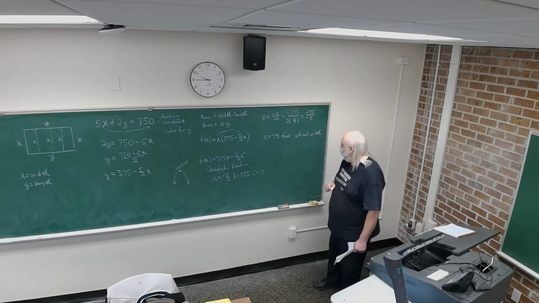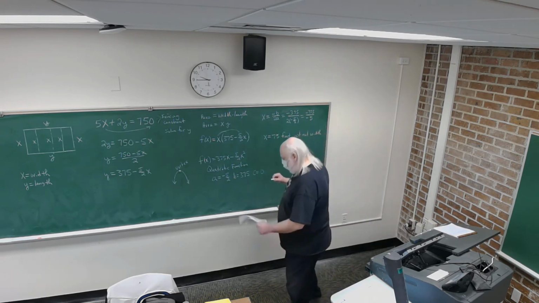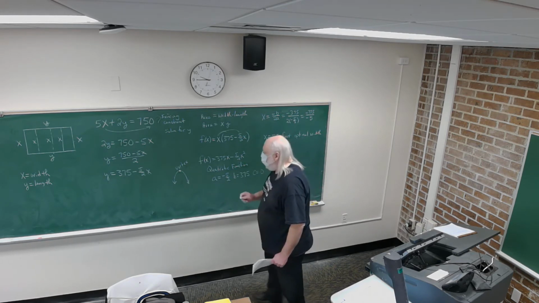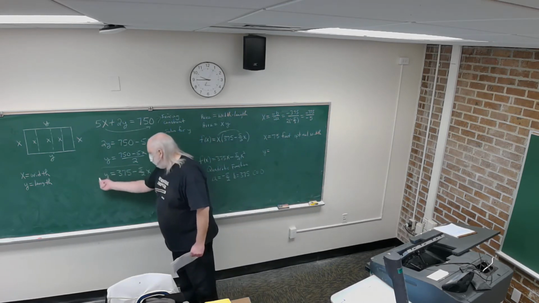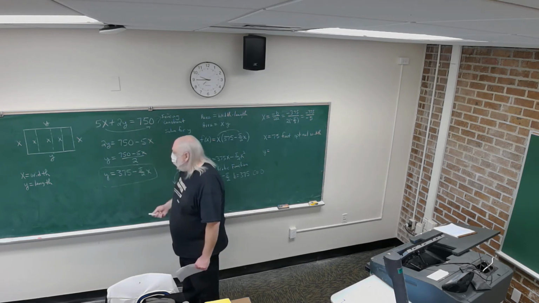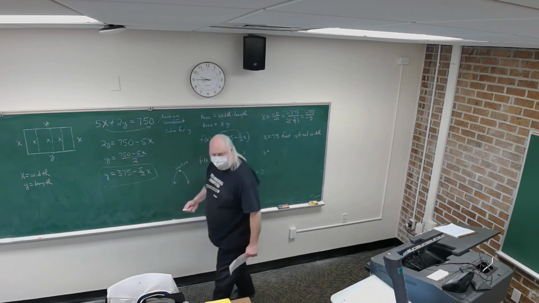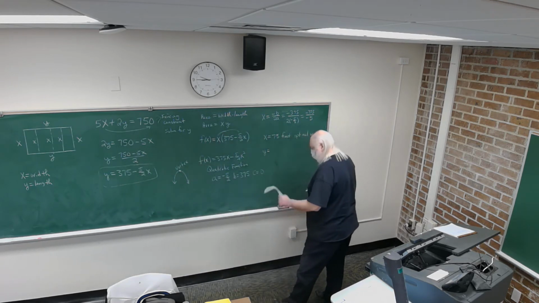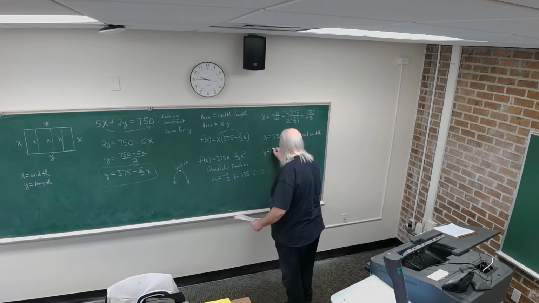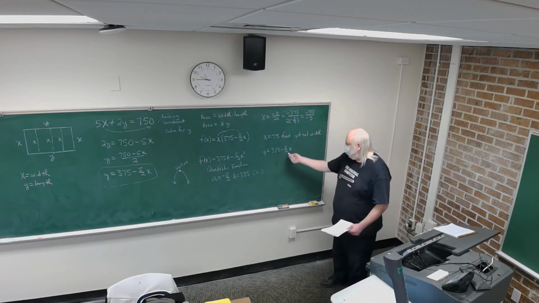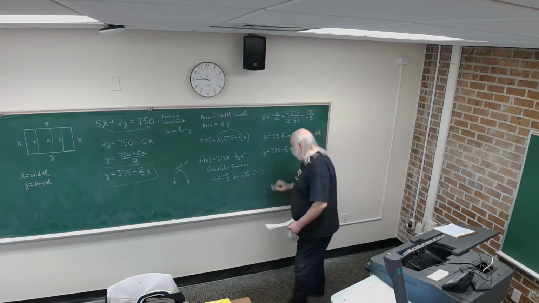Now the optimal length y is equal to, from this constraint over here, we put in 75 for x, and we get the optimal length for the rectangular piece of land. Y is equal to 375 minus 5 halves x. And so we put in 75 for x to get the optimal length.